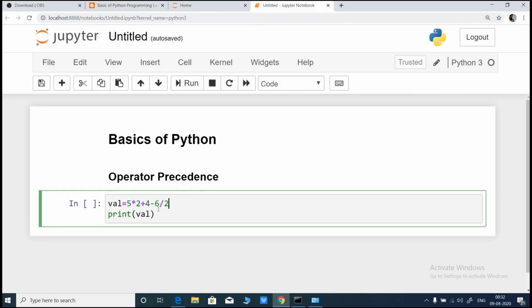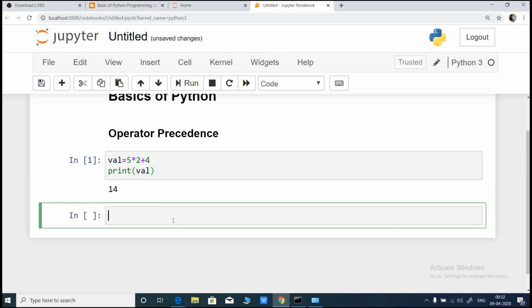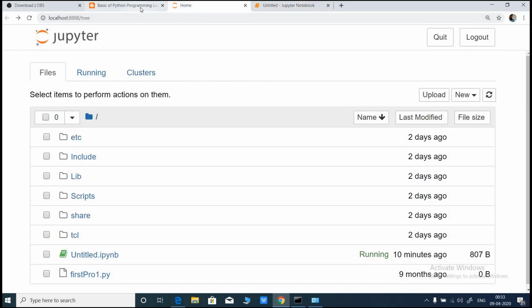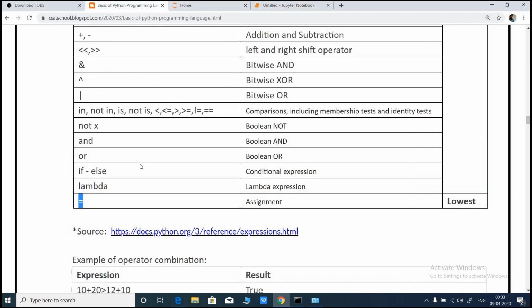So let's see the behavior in our Jupyter notebook. Let us remove this part so it becomes simpler and easier to execute. So what do you think will actually happen? If I execute it, my answer is 14. Now, how come my answer is 14? Let's go to our table again.